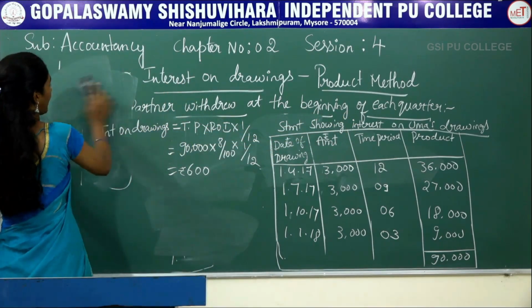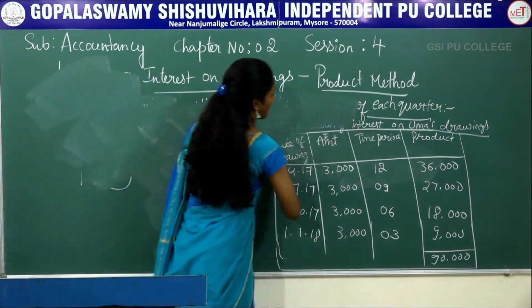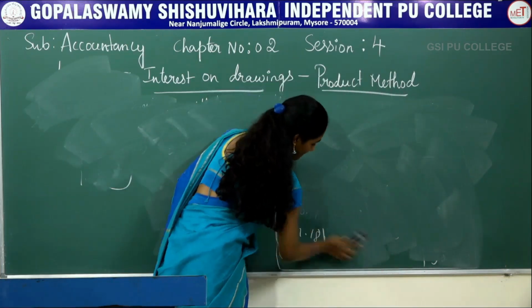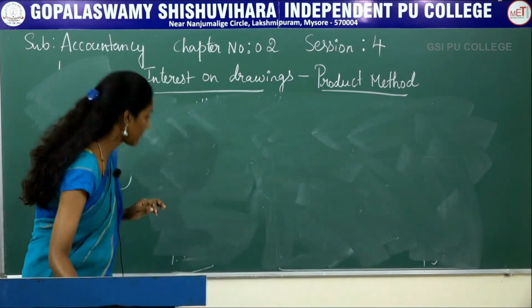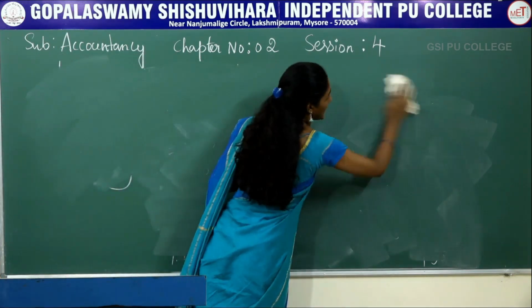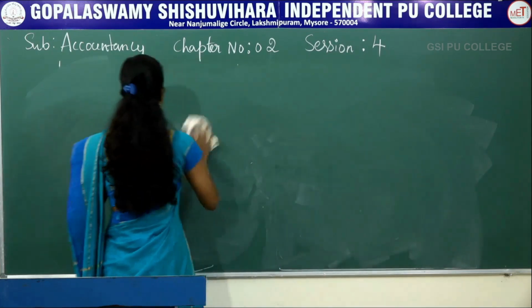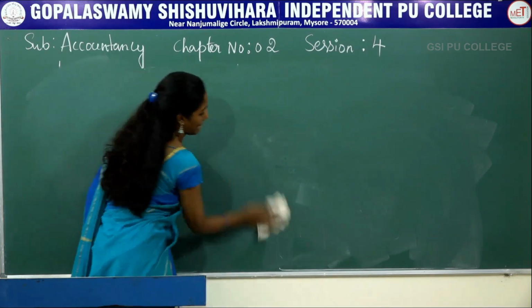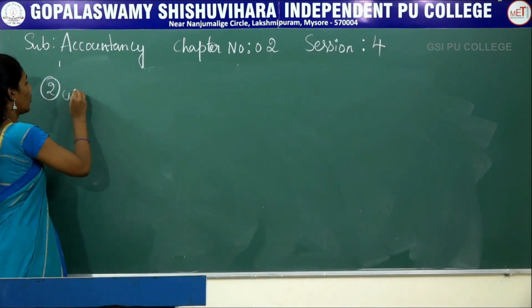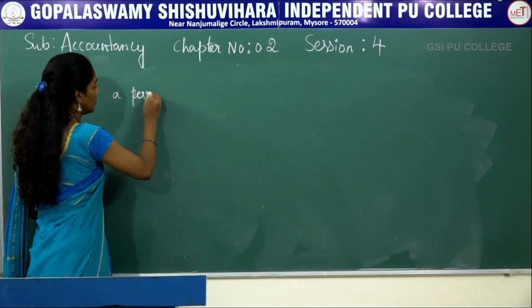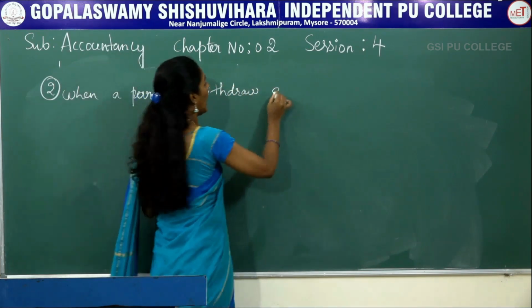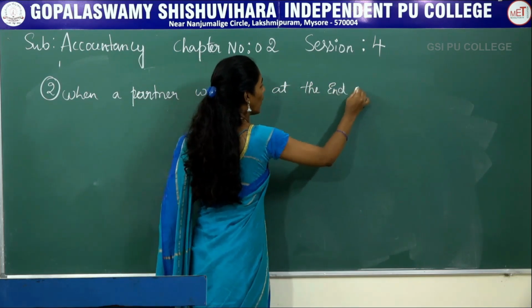The second case will be when a partner withdraws at the end of the quarter.